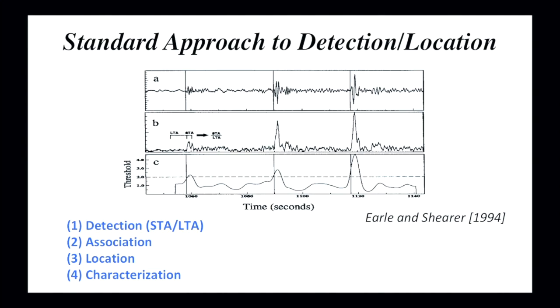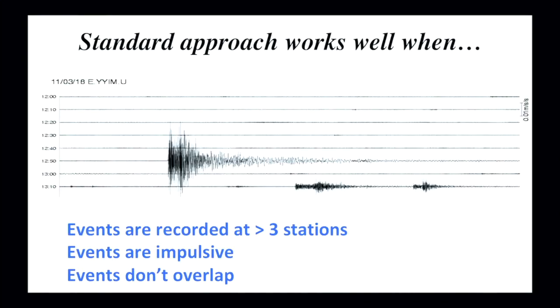If enough different instruments say that, and if the sequencing is consistent with waves coming out of the Earth, then we declare an event. That process is called association. We associate these individual phases with an earthquake, then we locate it and characterize it and go on from there. This approach works really well when events are big enough to be recorded at 3 stations, that is, enough to locate the event.